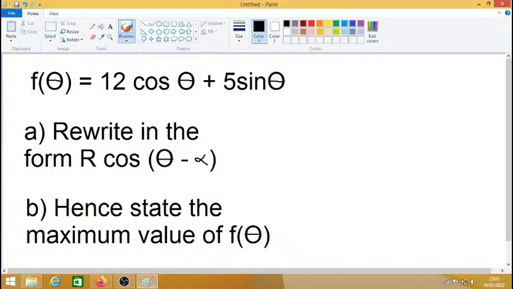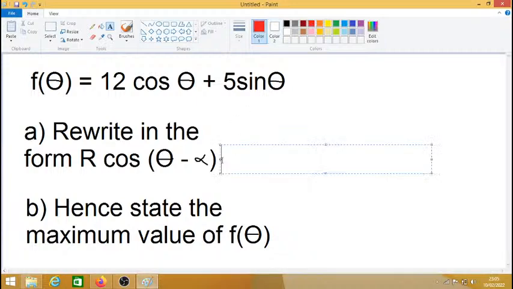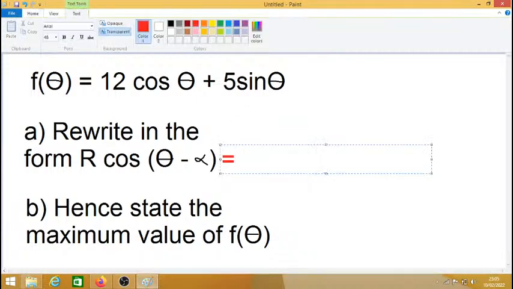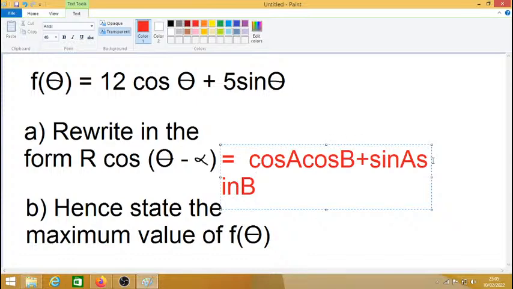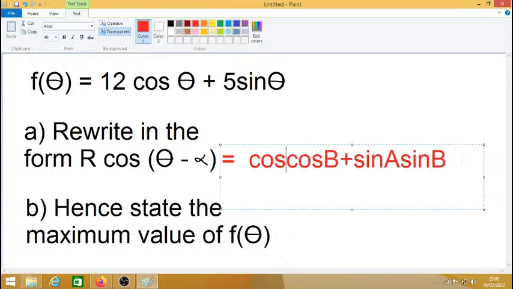So let's do the first part first. We've got to rewrite this long equation in the shorter form with just cosine appearing once. So let's expand this out. Based on my cos(A minus B) formula, this would be cos A cos B plus sin A sin B. The A and the B are, in this case, theta and alpha, so let's replace the A's and the B's with theta and alpha.